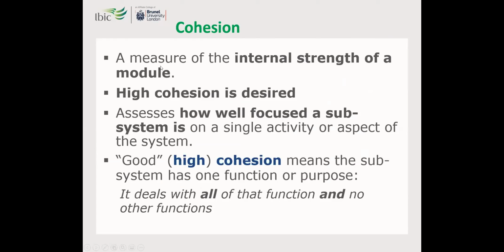So cohesion is a measure of the internal strength of a module. When we say something is good in this term, we mean that the subsystem has one function or purpose. So it is coherent, something unique, and well focused on a subsystem.